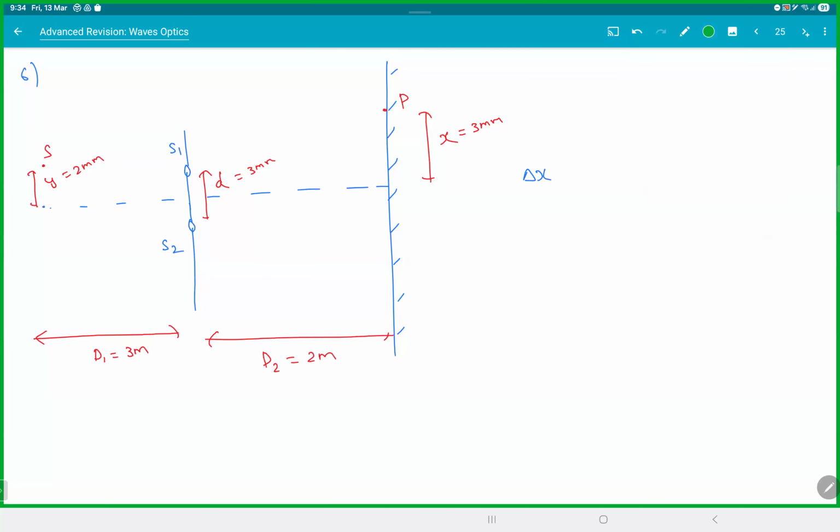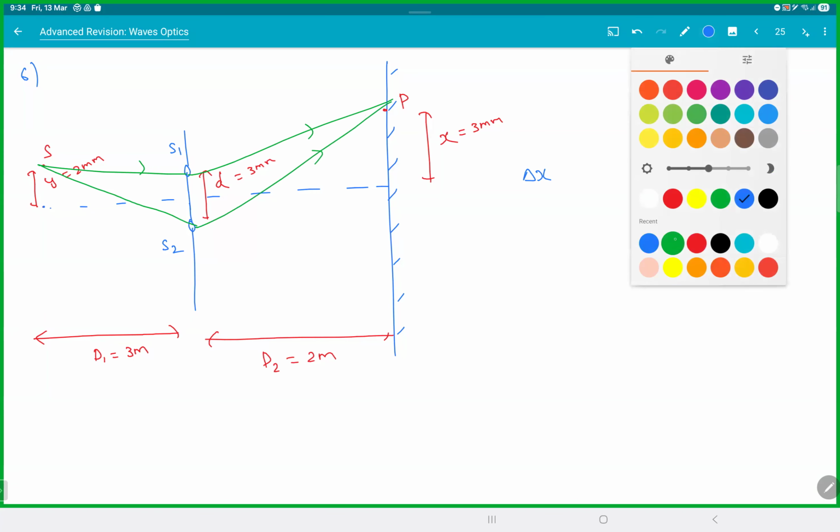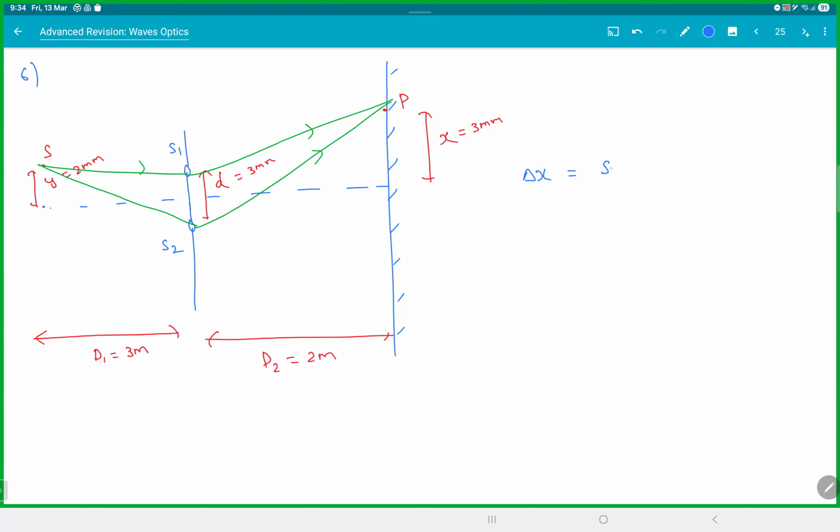So what is happening is one light ray is coming to S1 and going to P. One light ray is coming like this and going like this. So what you're trying to find, the path difference is SS2P minus SS1P. This is the path difference between these two. Now I can write this thing as SS2 plus S2P minus SS1 plus S1P. This can be split into SS2 minus SS1 plus S2P minus S1P.